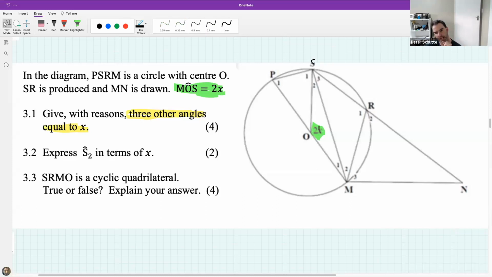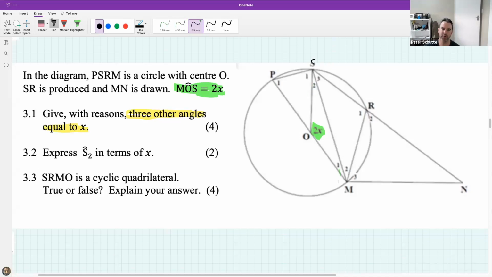So M1 equals X by radii. I agree that there are radii here, but I don't know why radii would make that X. So Machli, you're on the right track, and I agree there are radii here, but I think it just makes, oh wait, maybe you make 180 minus 2X.